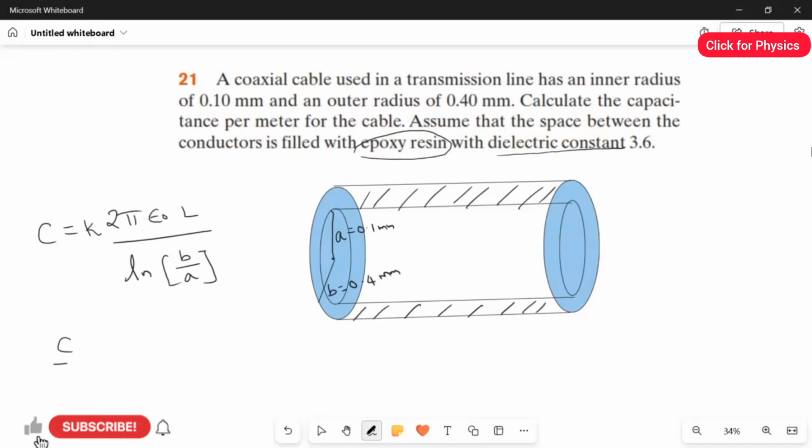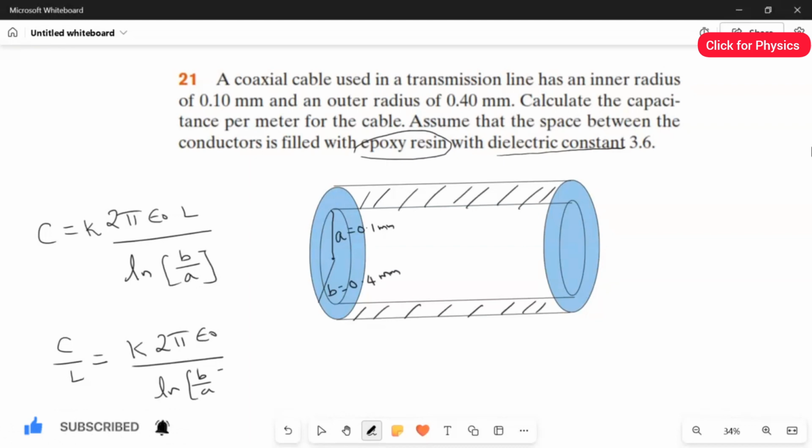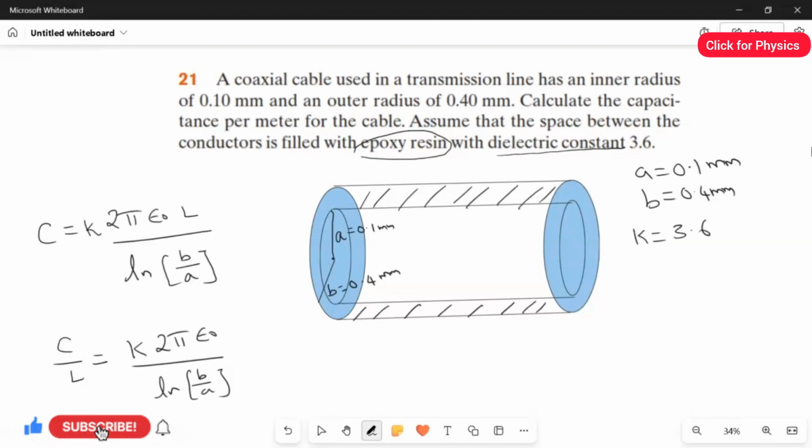Your equation will become C over L equals K multiplied by 2 pi epsilon naught divided by the natural log of B over A. We already have the values: the outer radius B is 0.4 millimeter, the inner radius A is 0.1 millimeter, and the dielectric constant of the epoxy resin is 3.6. By using all these, we are going to find the capacitance per meter.